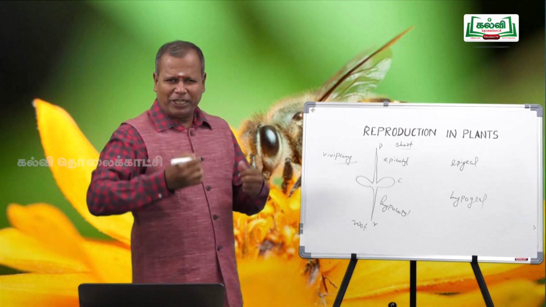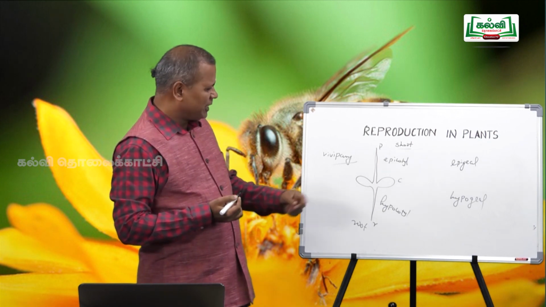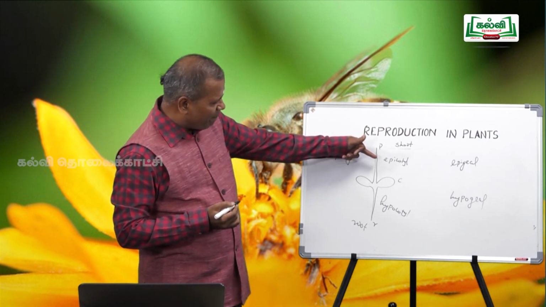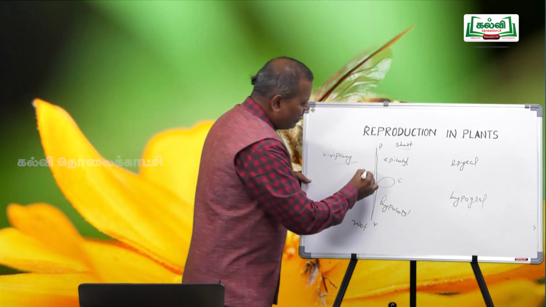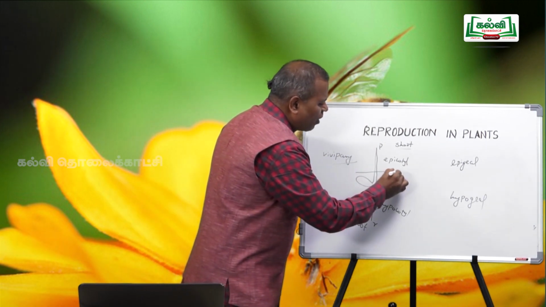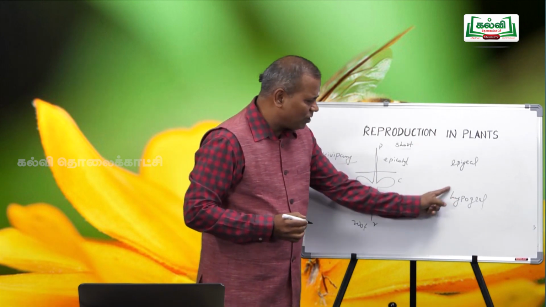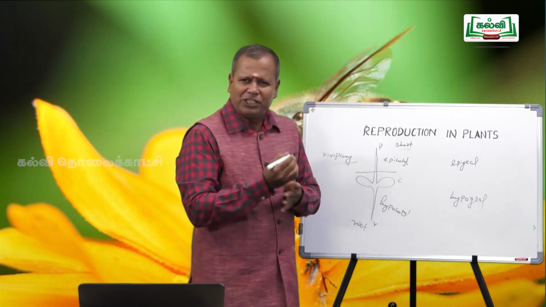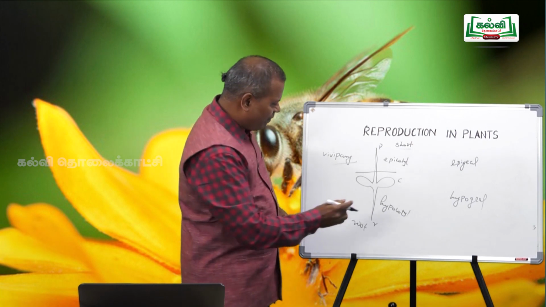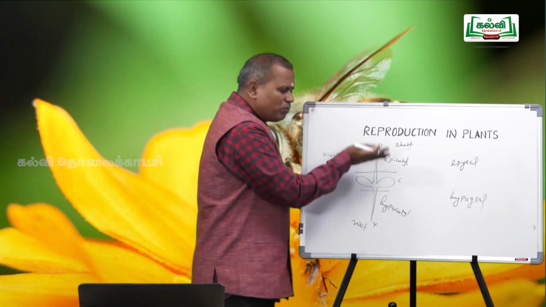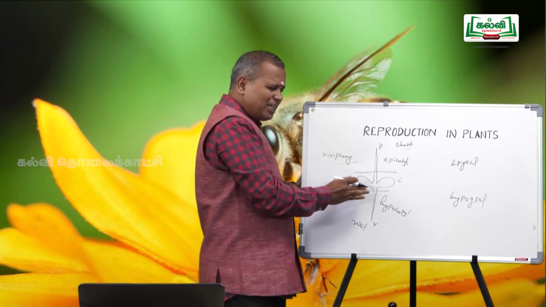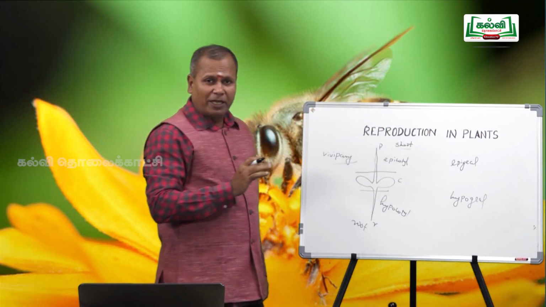What is hypogeal germination? Hypogeal germination means if the epicotyl grows faster, then the cotyledon remains buried inside the soil. This kind of germination is said to be hypogeal germination. If the hypocotyl grows faster, then the cotyledon comes out of the soil, it is said to be epigeal germination.